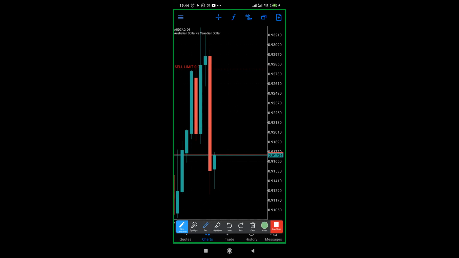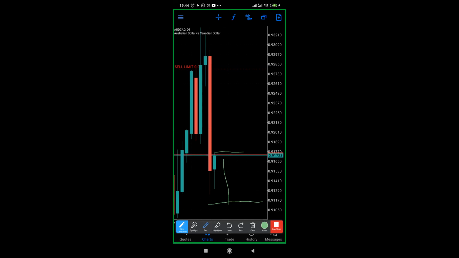So this is current market price, so below. Let's say somewhere here. If price keeps going down, if price retraces and then gets here, if my sell stop is active at this price, I want to be entered into this trade for a sell. That is a sell stop.